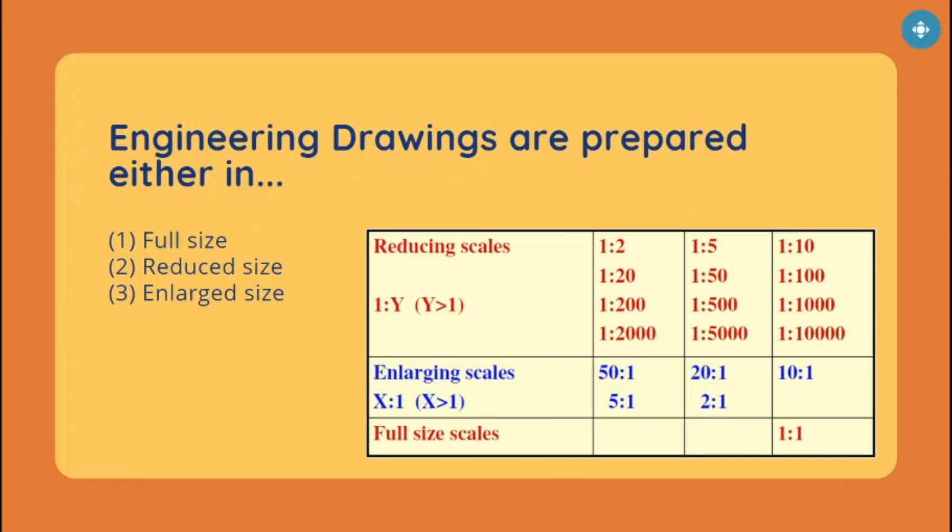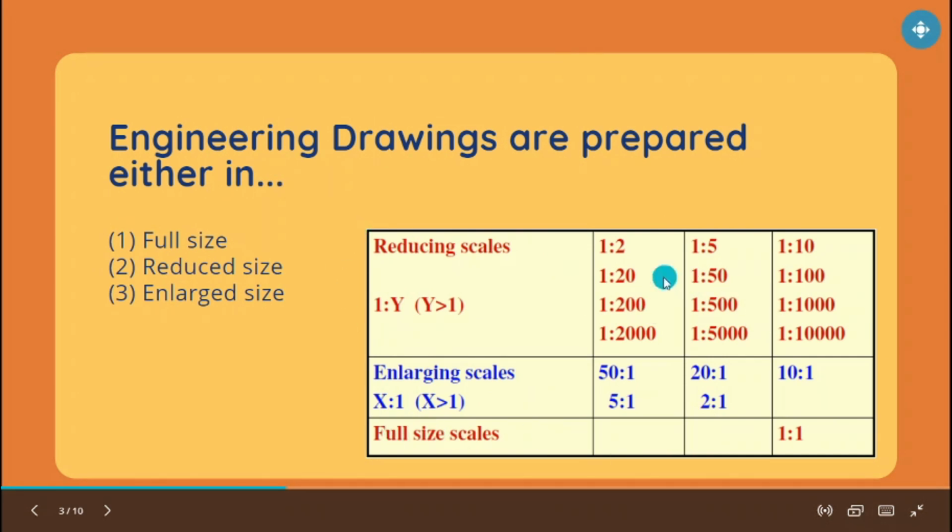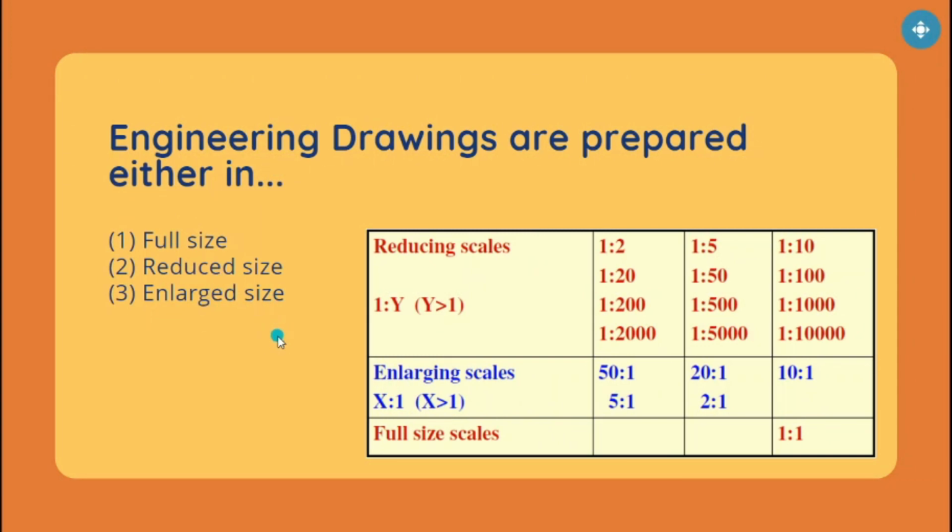Now, engineering drawings class are prepared either in tatlo. Okay? We have full size, reduced size, or enlarged size. Kung titingnan natin itong table natin dito, ito yung kanilang mga possible na mga values. Kanina may nagbanggit, no? Sir, pwede mabawasan, pwede po madagdagan basta scaling.